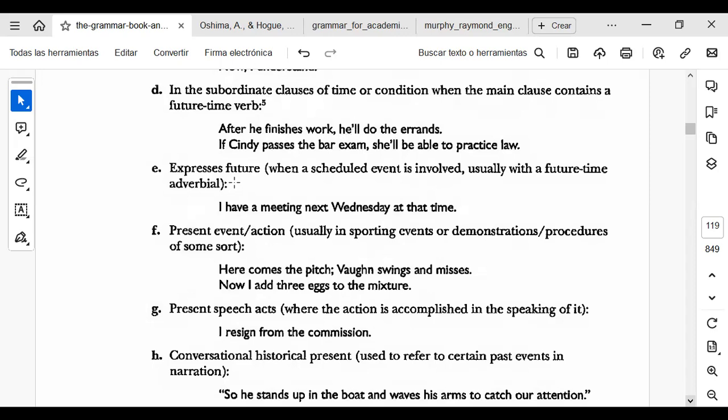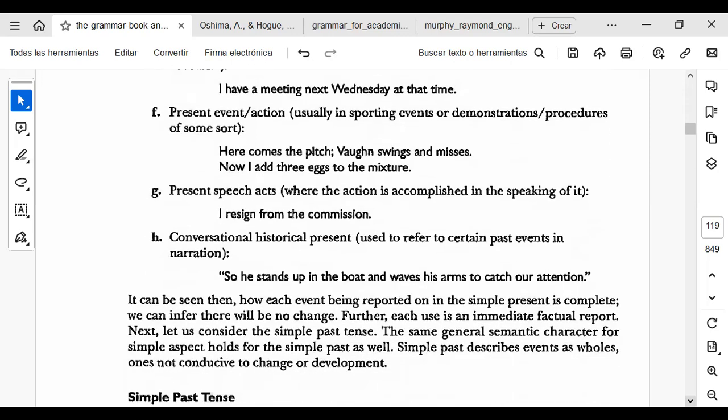But you can also use simple present to express future when a scheduled event is involved, usually with a future time adverbial. I have a meeting next Wednesday at that time. Okay. When a scheduled event is involved, you can use simple present.